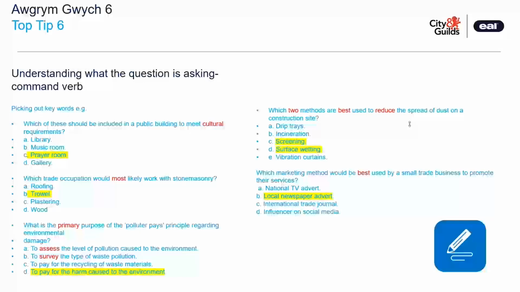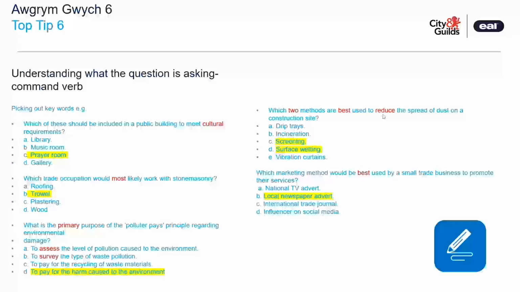Here are a couple of examples, which I've taken from the sample paper. These are the ones I've picked out that are most likely to cause problems for some learners. Looking at question 1, I'm going to go down and then across. A key word in this question is cultural. If you've got learners that don't understand what the word cultural means, they're never going to be able to answer that question.